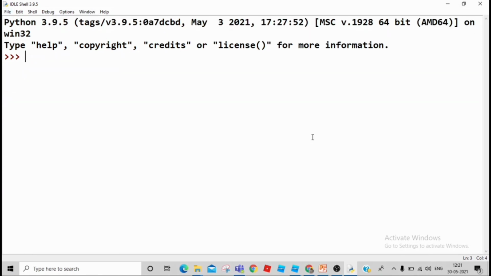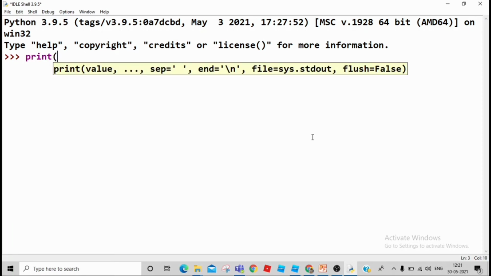So guys, let's proceed with floor division. What is floor division, you might be wondering. So the floor division operator divides one value by the second and gives us the quotient rounded to the next smallest whole number. So what do I mean by this? I will explain. First I will show you the sign of floor division.